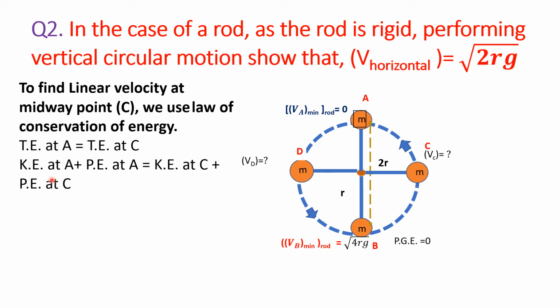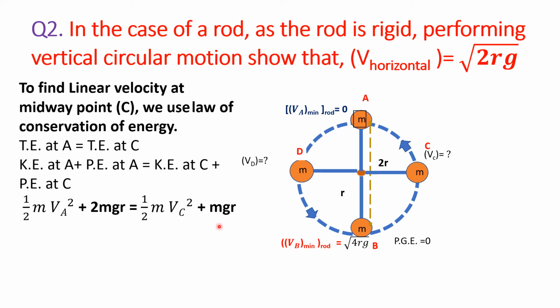Kinetic energy by formula we can write down as half m Va square, where Va is the velocity at point A, plus 2mgr, that is the potential energy at point A, as the point object gets lifted up to a distance 2r, is equal to kinetic energy at point C. It is given by half m Vc square, where Vc is the velocity at the midpoint of this circular motion, plus potential energy at point C, that is, the object is lifted up to just a distance r.